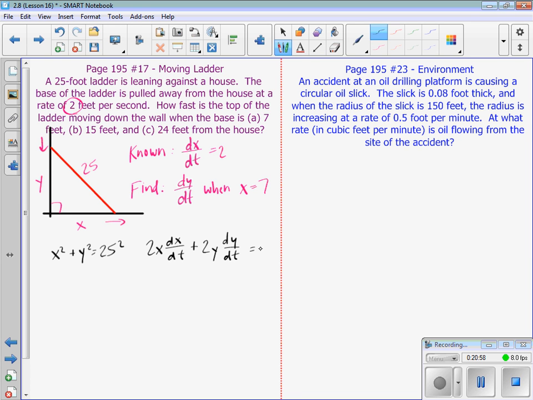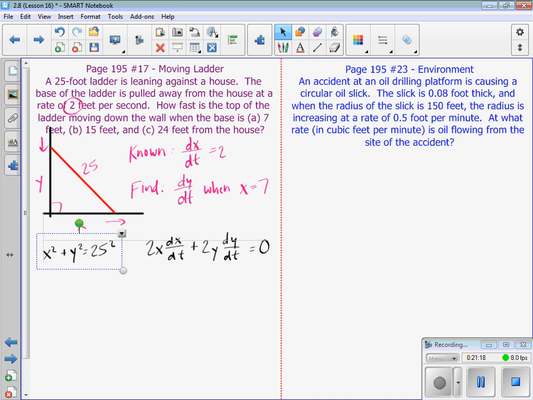I take the derivative of it. 0. Right, you can multiply that out if you want. It doesn't matter what the number is. It's going to be 0. So that's why I didn't even worry about it there. Okay. So any questions on this derivative here?